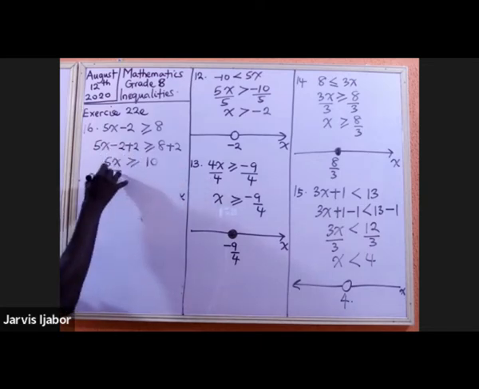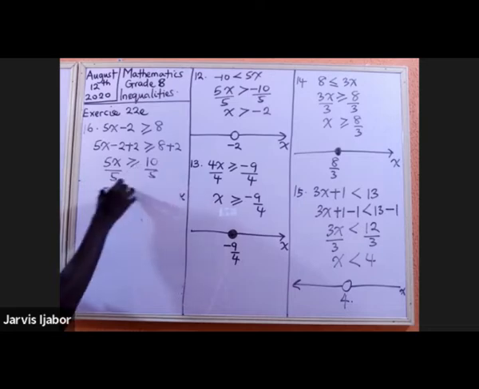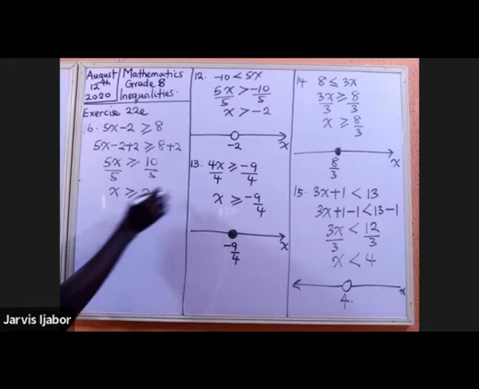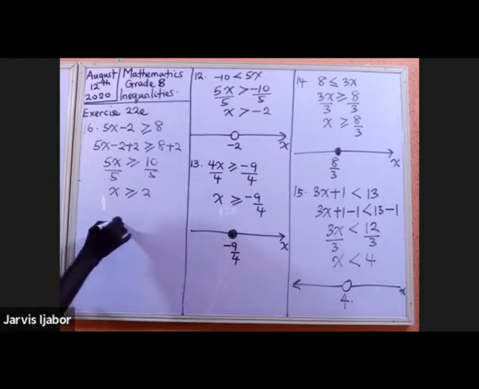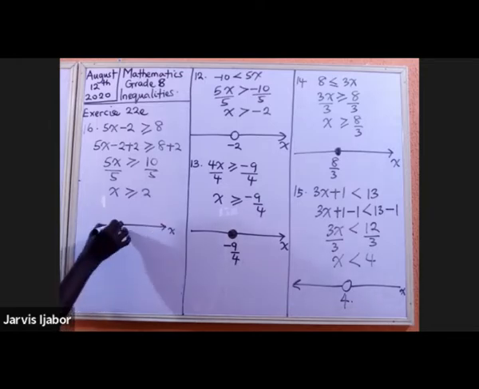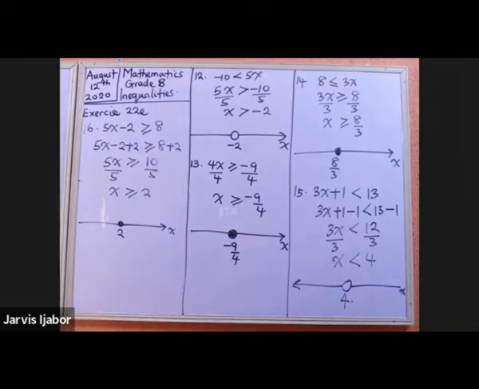So divide both sides by 5, x will be greater than or equal to 2. Is that clear? So that will be a colored bubble pointing to my right and having 2 underneath. So that's for 16.